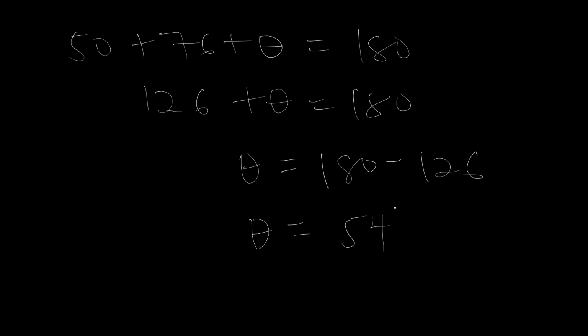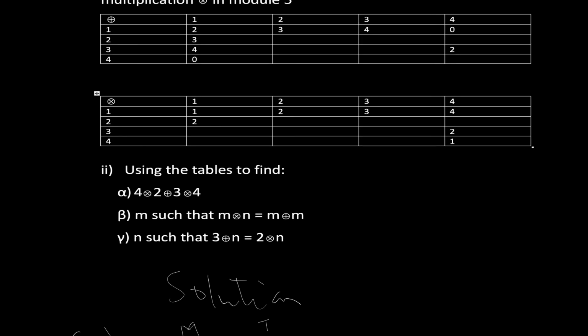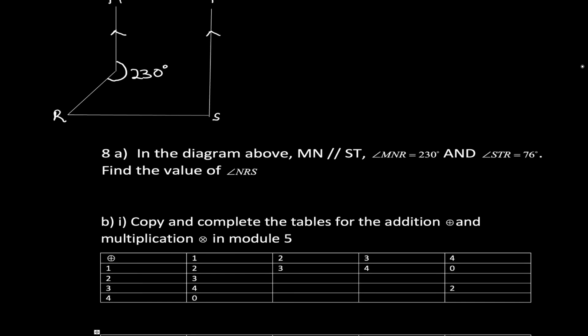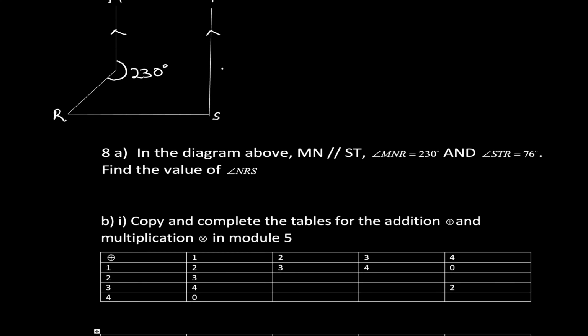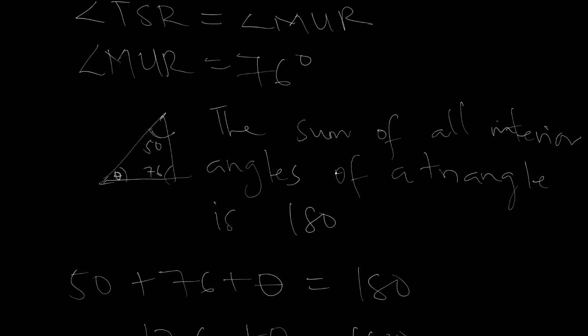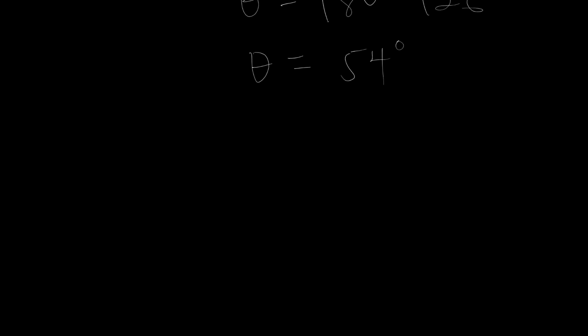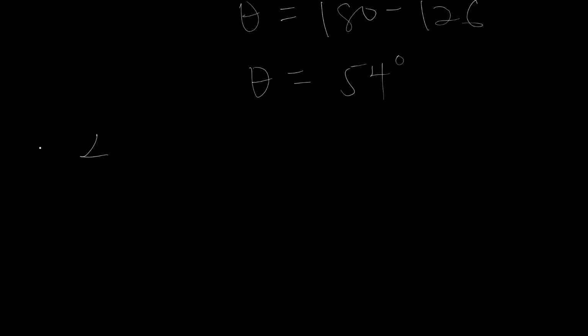So our theta is 54 degrees. So from the question, angle NRS, which is our theta, is 54 degrees. Therefore, angle NRS is 54 degrees.